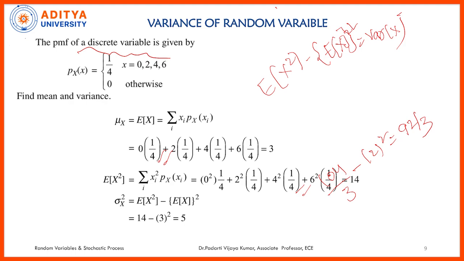The probability values are given for different values 0, 2, 4, 6. We know that the mean value for a discrete random variable is summation over i of xi into p of xi. Solving this, we will get 3. Similarly, mean square value is 14. Now, mean square minus mean whole square, 14 minus 9, is equal to 5.